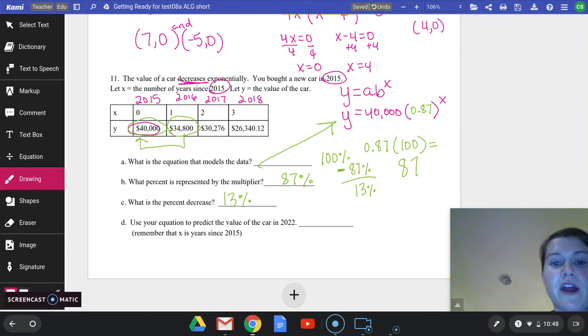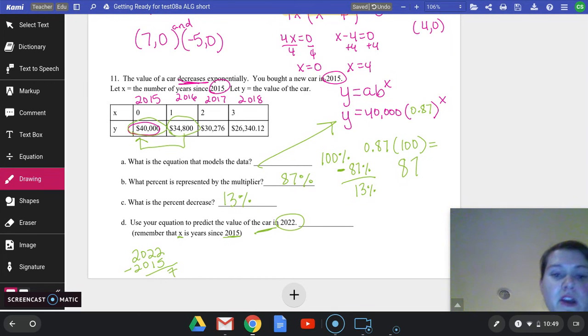Subtract it from 100. Use your equation to predict the value of the car in 2022. So remember that x is the years since 2015. Okay, so 2022 is how many years after 2015? Let's subtract those quick.